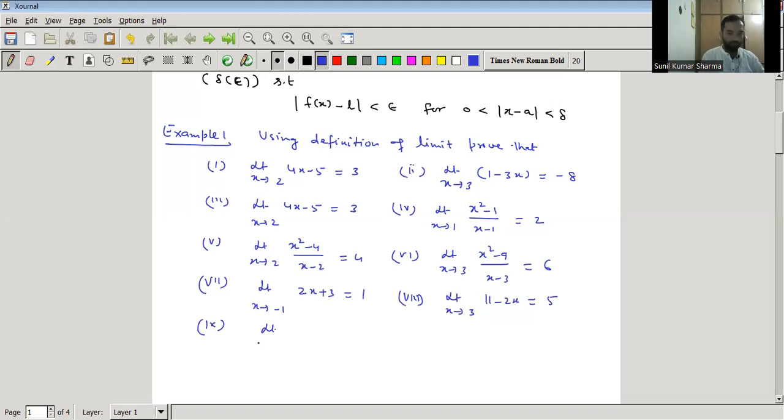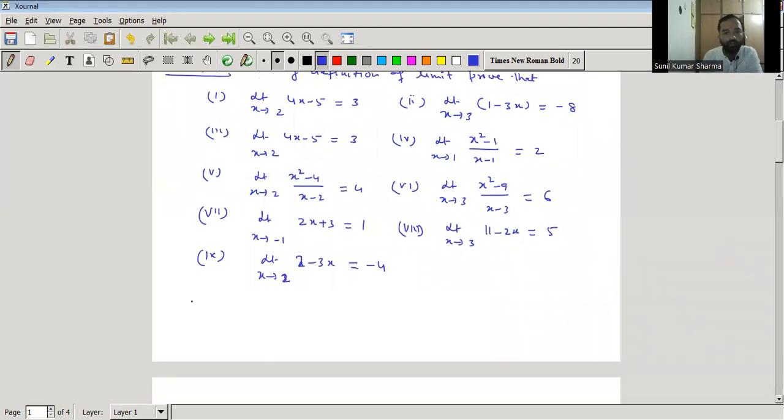Limit x goes to 2, 2 minus 3x is equal to minus 4. So let us discuss these examples.